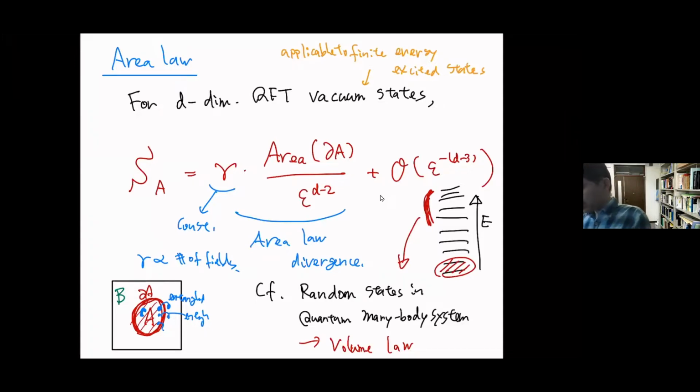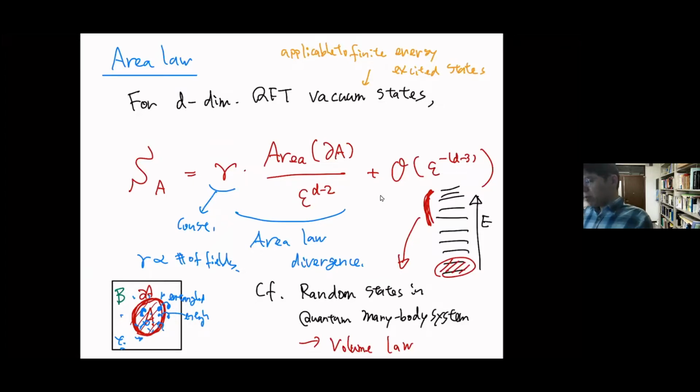This is not surprising again, because in a generic state everywhere is entangled, this point and that point, so of course we get the volume law. So the area law is a very special property of quantum field theory, because we only have local interactions, very limited to nearest neighbor-like interactions.